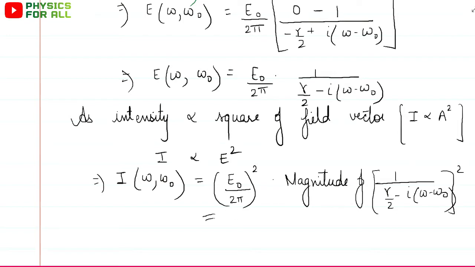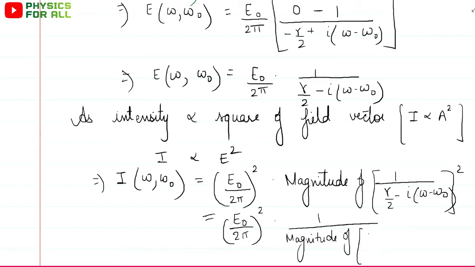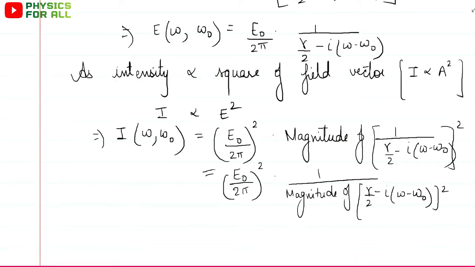We can further mention it as E naught upon 2 pi whole square, 1 upon magnitude of this gamma by 2 minus iota omega minus omega naught whole square. We want the magnitude of this quantity. Only squaring will not help, because here we have complex number. This is not a normal number, this is a complex number.